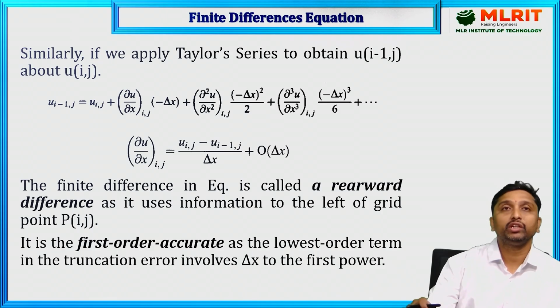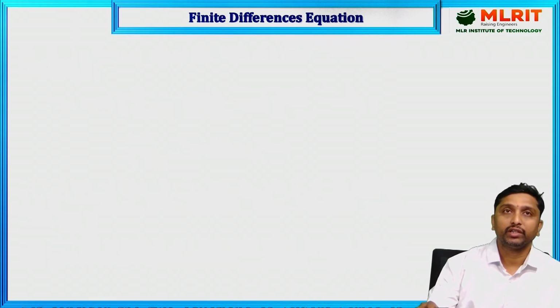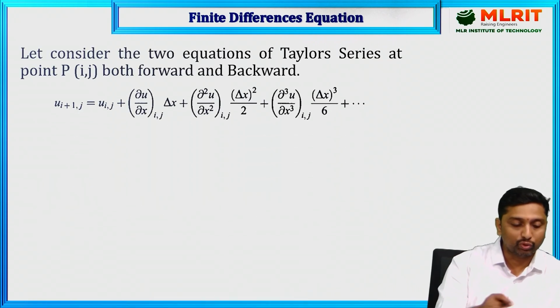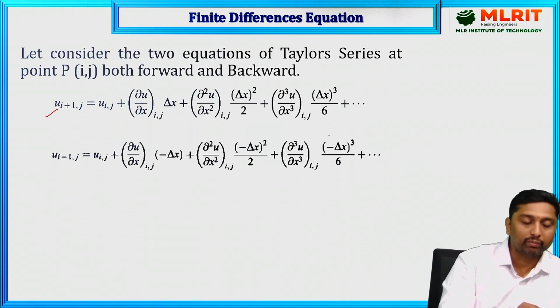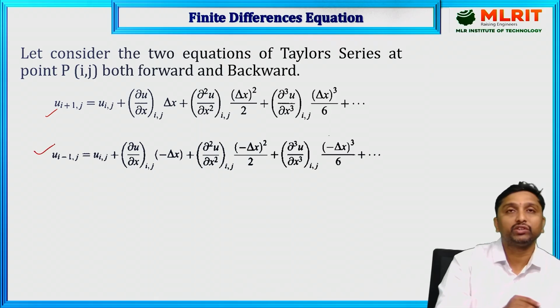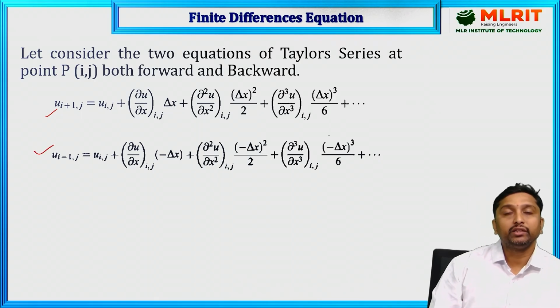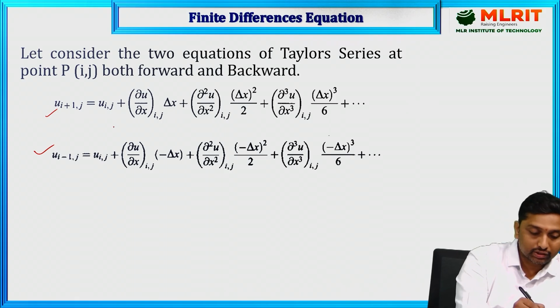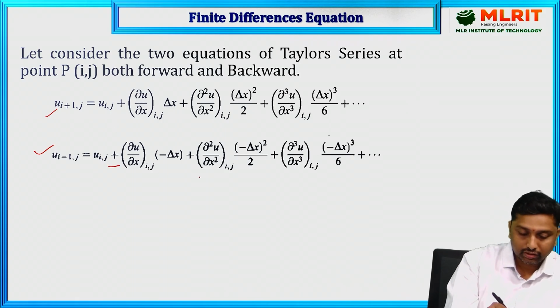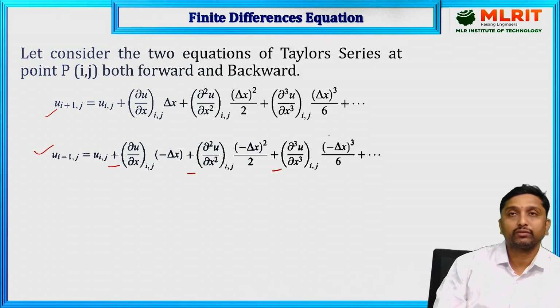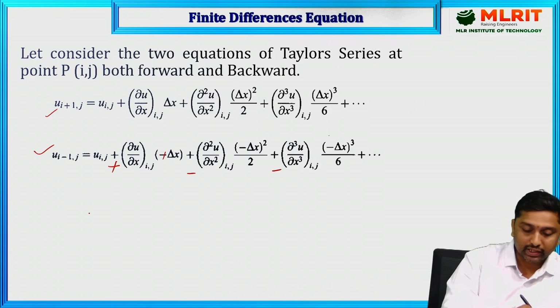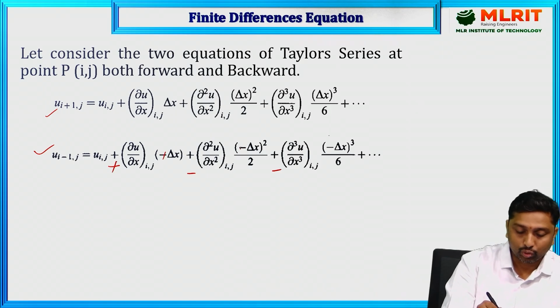Now let us move to the last part of our session, which is central difference equations. For that, let us consider both u_i+1,j and u_i−1,j, which we considered earlier. Now if we subtract these two, the minus and minus get cancelled.